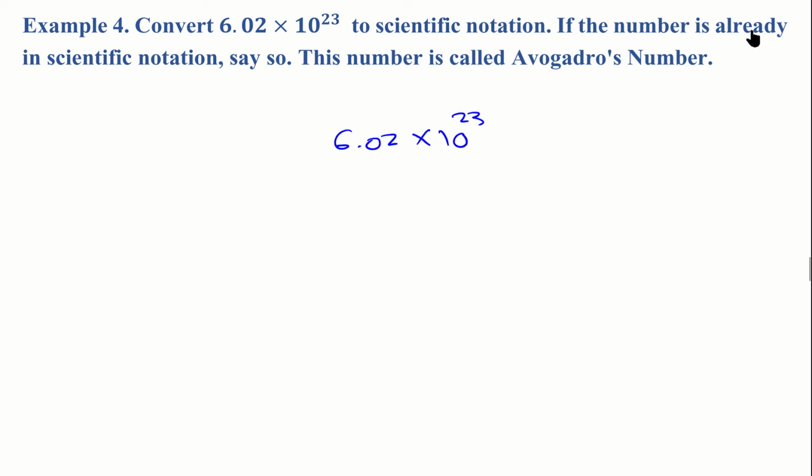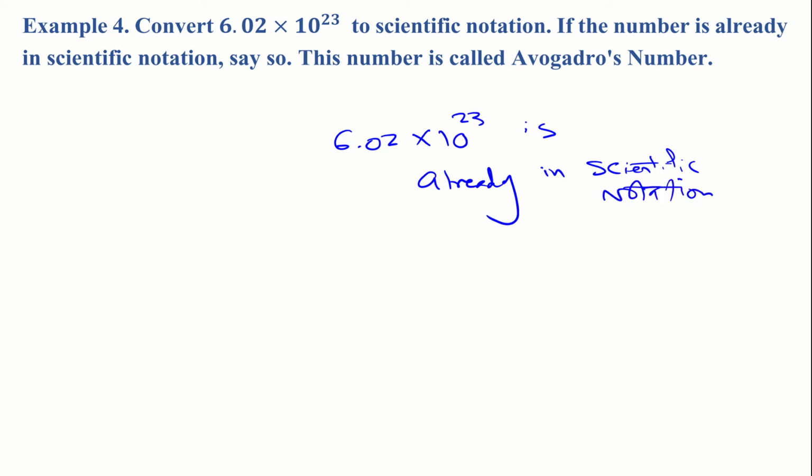Because remember, it said if the number is already in scientific notation, just say so. Well, this is already in scientific notation. Every once in a while, we'll throw a curveball to see if you're still paying attention. All right. So there we go. We didn't have to do much there.